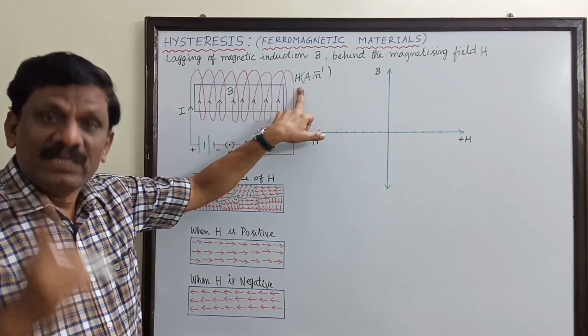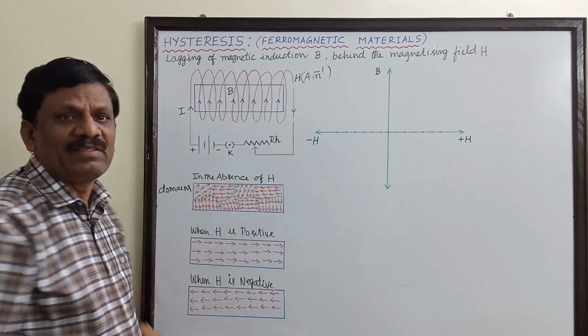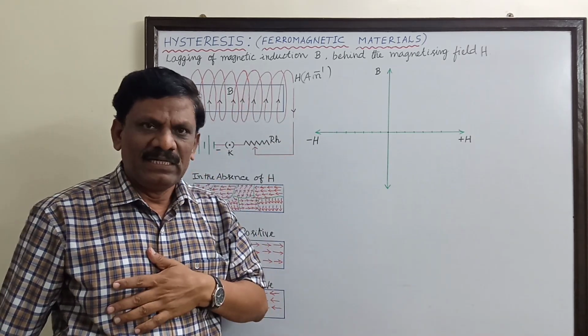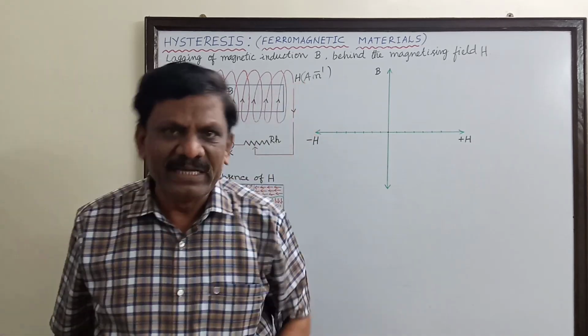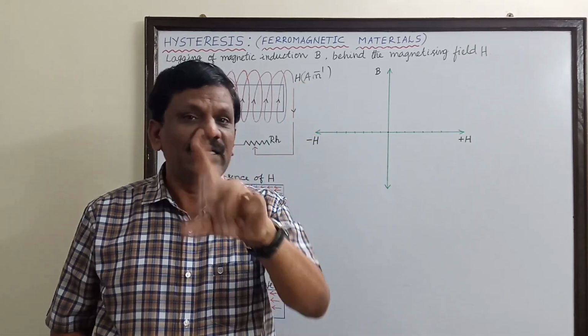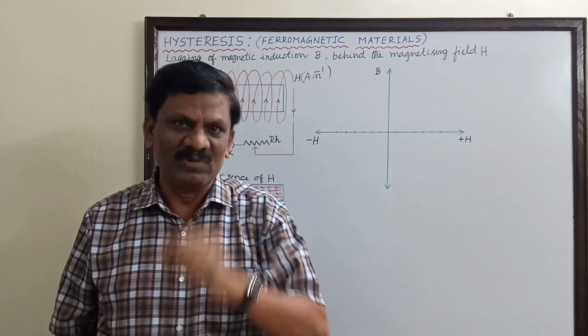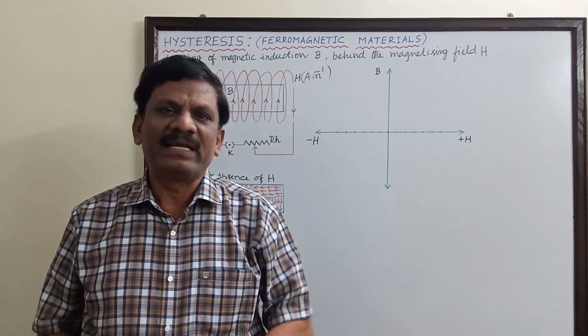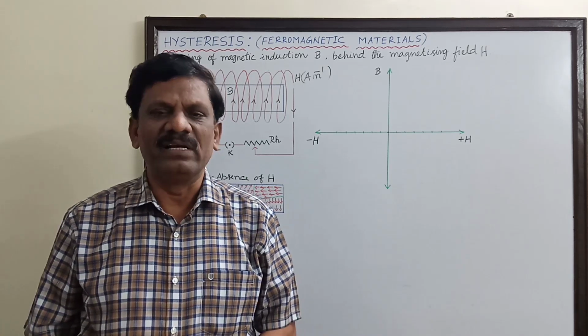What will happen if I reverse the terminals of the battery and once again increase the value of current? H will increase in magnitude, but the direction of H will be opposite. This only is called as what? Negative magnetizing field or coercive field.